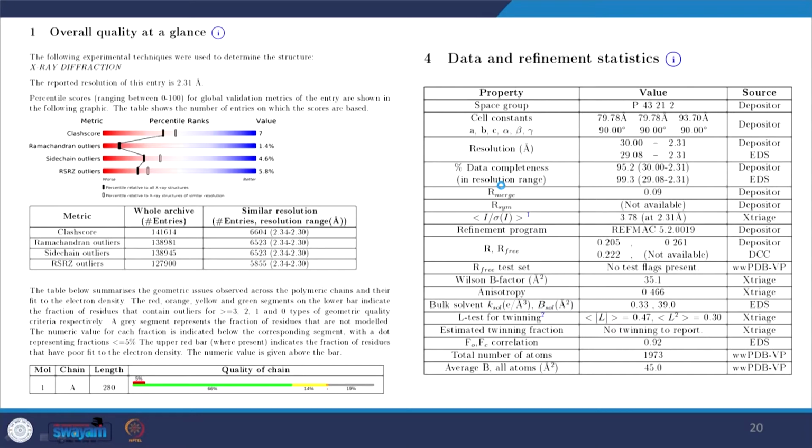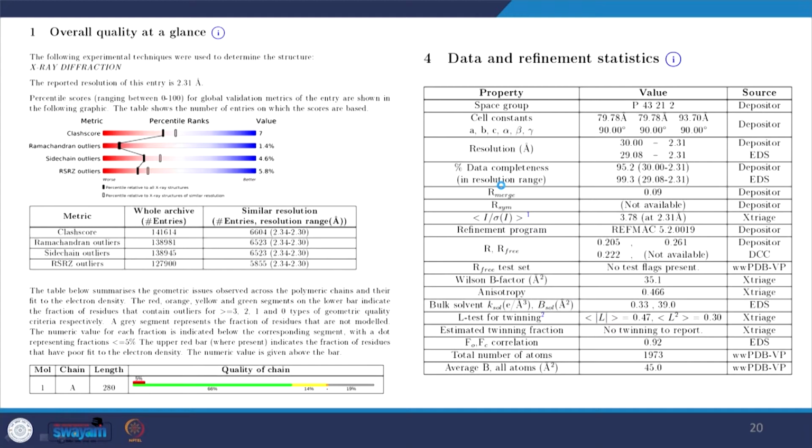So, if you see where it is ranked, you see from worst to better. So, you will see the position of the structure. Then in the metric, and you have clash score, Ramachandran outlier, side chain outlier, RSRZ outliers.